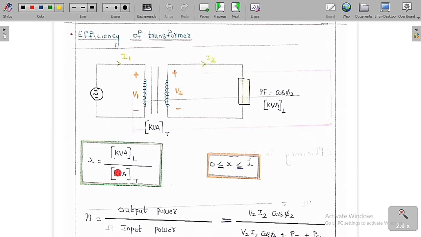So always X is going to lie between 0 and 1. We prefer to keep the kVA rating of the load between 0 and the kVA rating of the transformer, but not exceeding it. Therefore X is going to lie between 0 and 1.